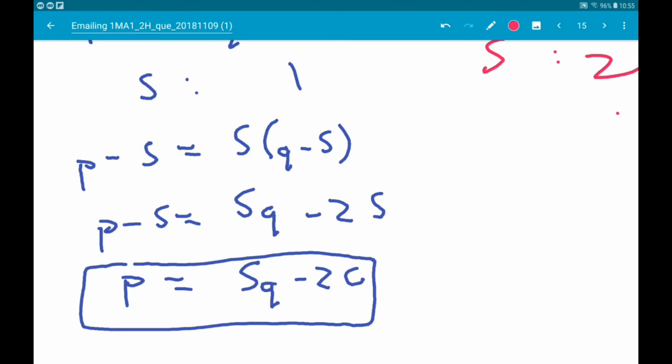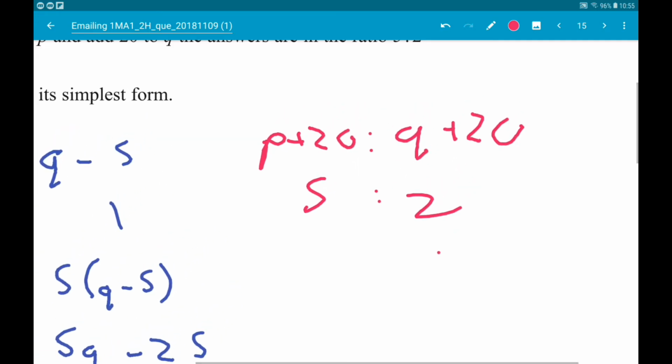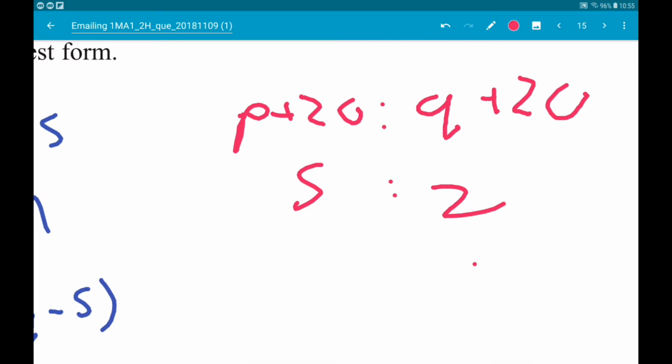Okay, so now that we know what P is in terms of Q, we can rewrite this ratio up here. So, we know that P is 5Q minus 20. So, the left-hand side of this ratio now is just 5Q.